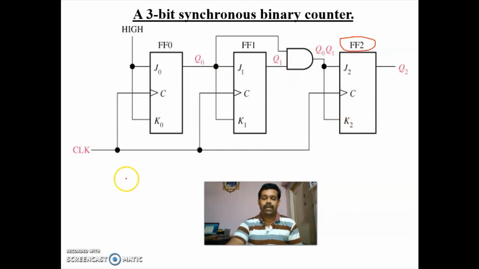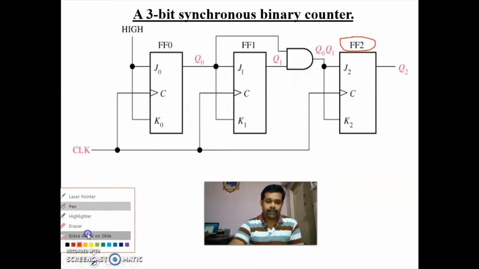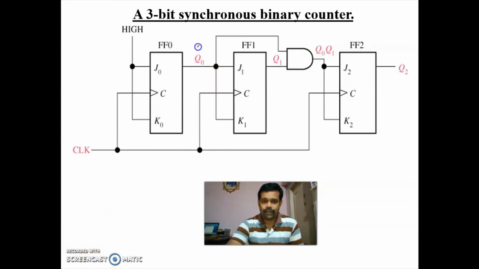Okay. Now initially the output of the flip flops is 0 0 0. During the first clock pulse, this 0 will change to 1. At that time here you are having 0, so this flip flop will not change the state.